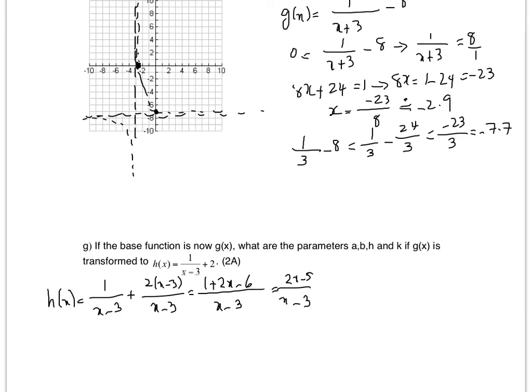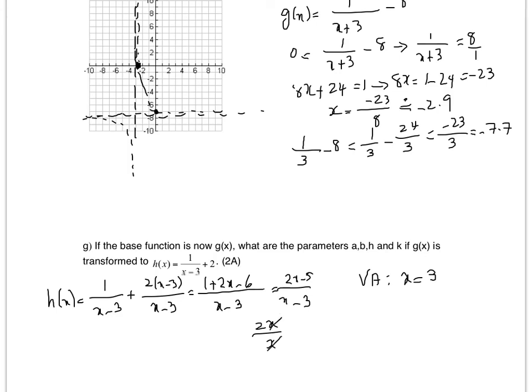Now the function h of x is going to have x minus 3 equal to 0. Then we are going to get x equal to 3 as our vertical asymptote. Now if we let x go to infinity, the highest exponent of x in the numerator is 2x, and the one in the denominator is x.